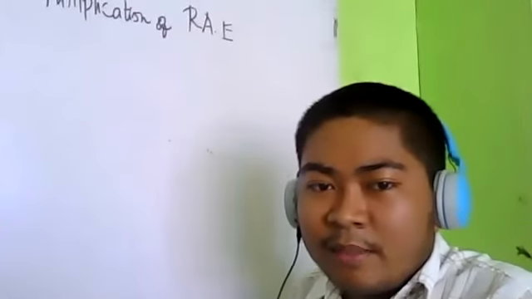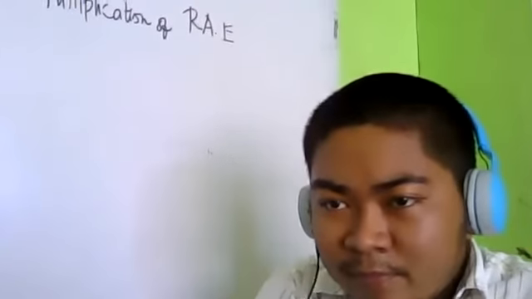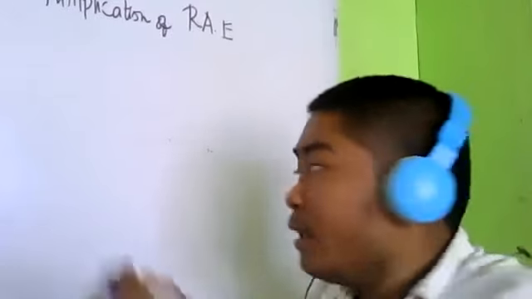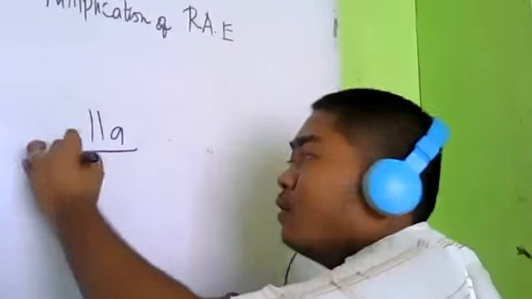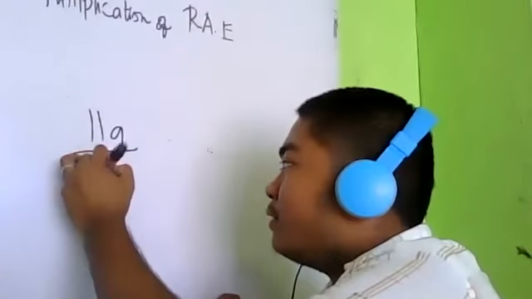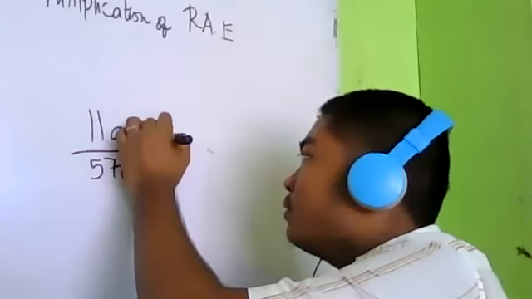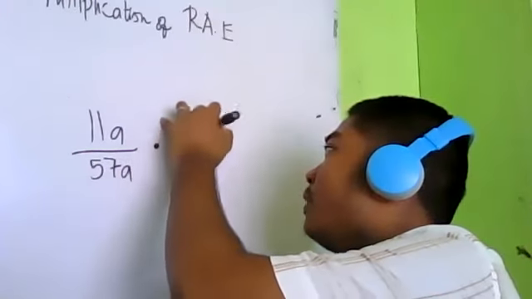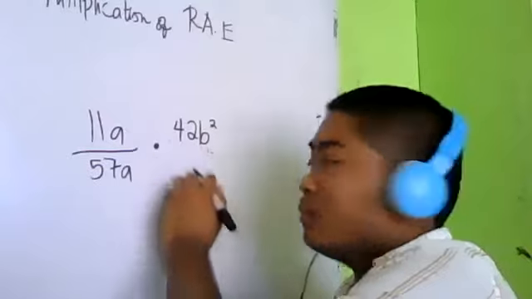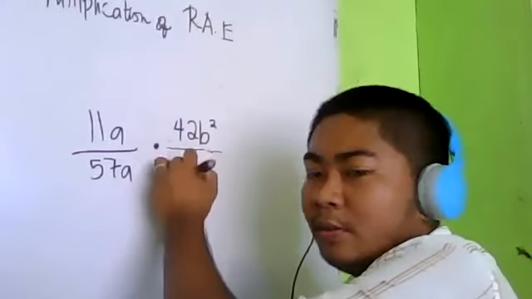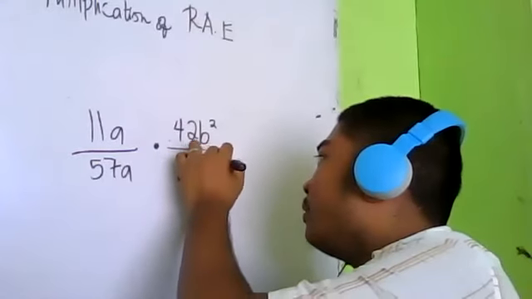Okay, so let's try to have another example. This one is a bit difficult. We have 11A all over 57A times 42B squared all over 55B cubed.